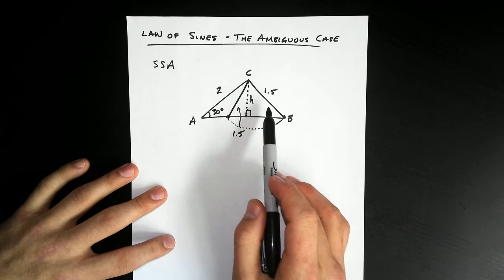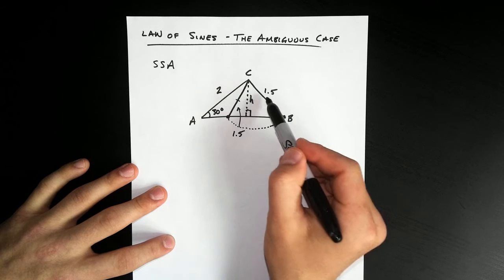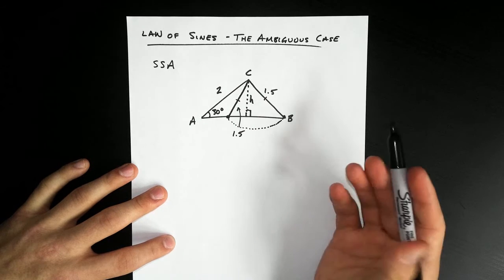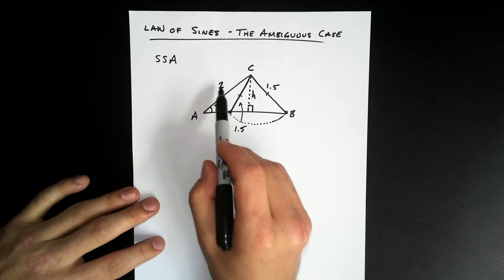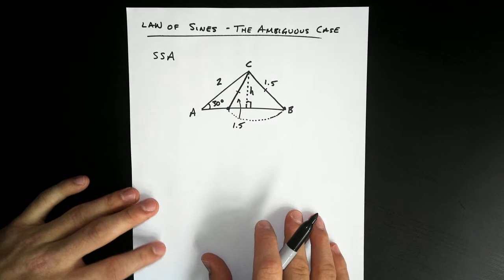Now, my lengths don't look exactly the same, but these two would be congruent to each other. So what that means is we have two possible triangles with those three pieces of given information.